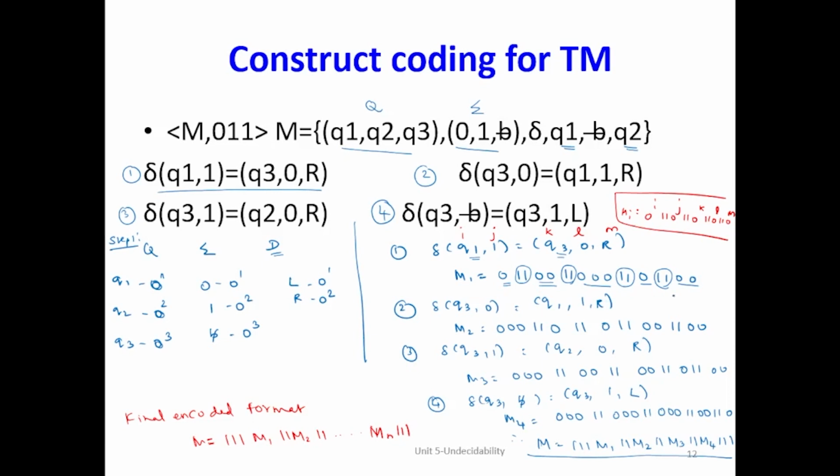So this is the generalized form. So just check here, it is 0 power i double 1, 0 power j double 1, 0 power k double 1, 0 power l double 1, 0 power m.